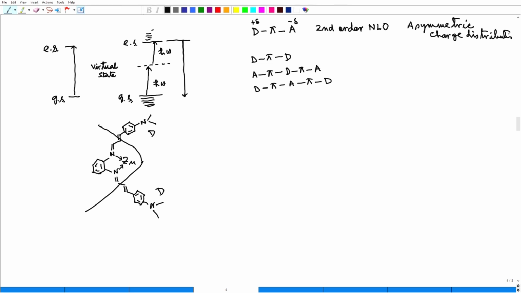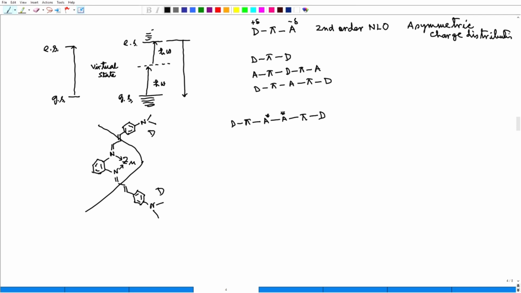Okay. So, what I am saying is, this was D-pi-A star-pi-D before metal. Pi star means a weak acceptor.